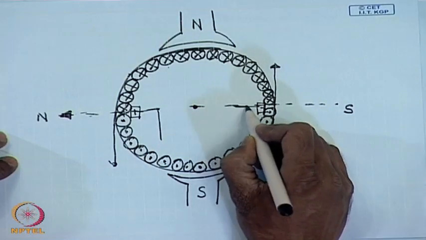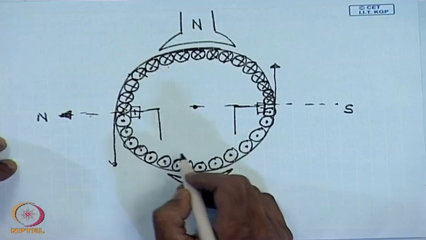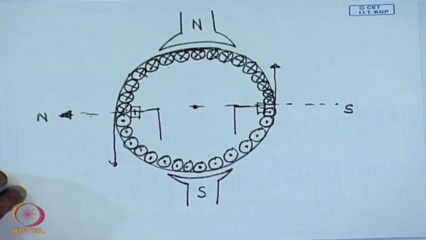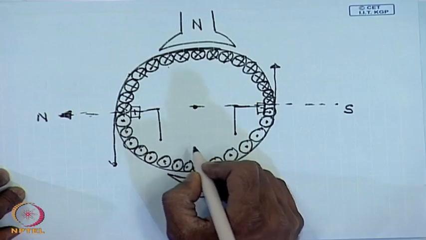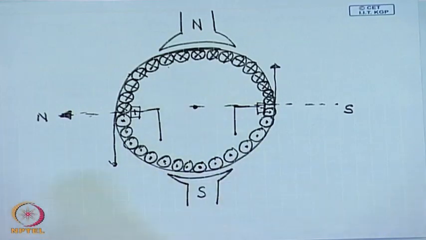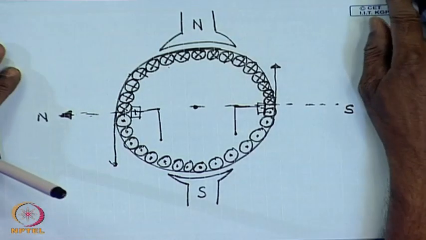Although physically, as we will see, the brushes may not be exactly in the interpolar position, they will connect to a coil whose coil sides are at the interpolar position, wherever that might mean.